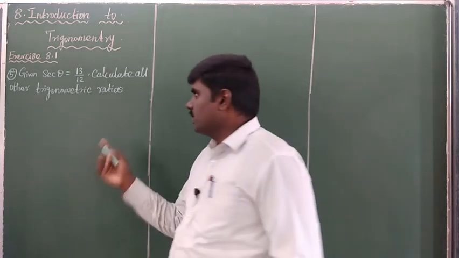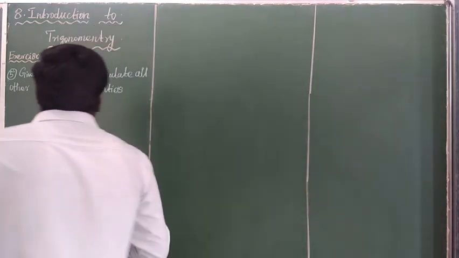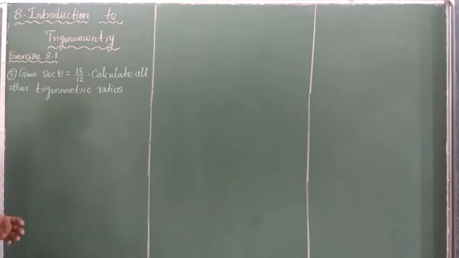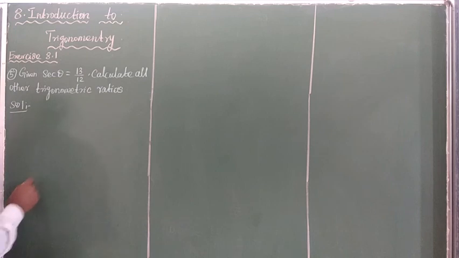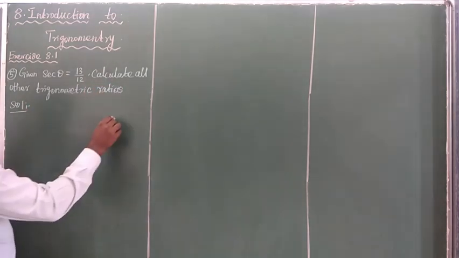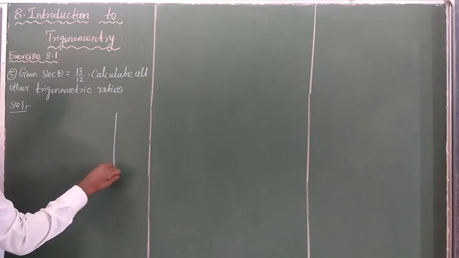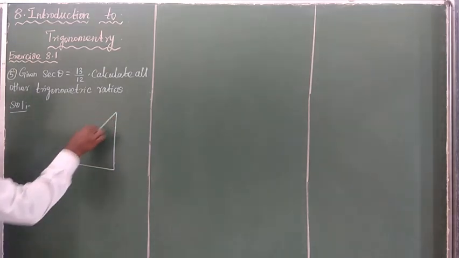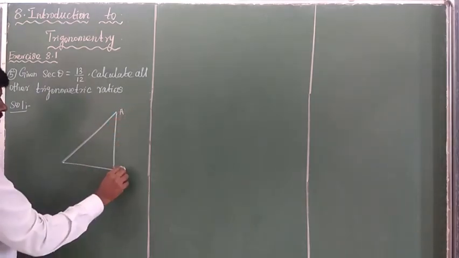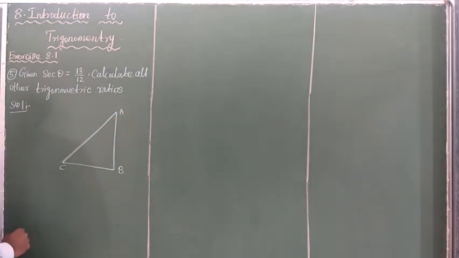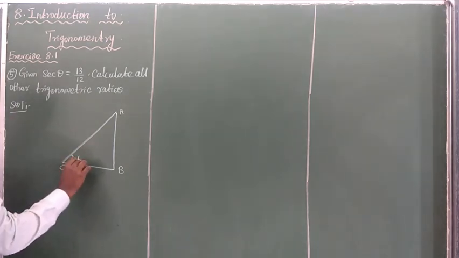Okay. Same way, here secant theta. What's the formula of secant theta? Here, solution. Any right angle triangle is not mentioned, so we will choose any one right angle triangle. I choose the points A, B, C. Here I will choose that particular point with the theta.